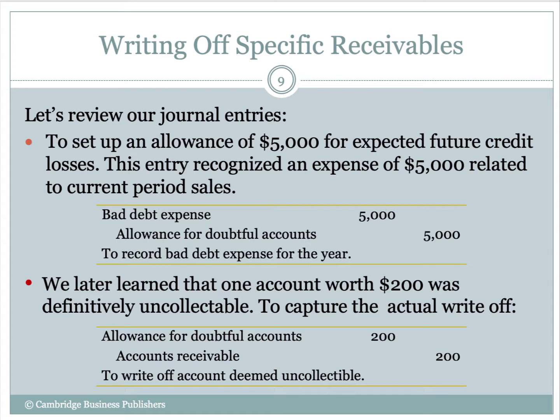We debit bad debt expense, credit allowance for doubtful accounts. Later on, we deemed an account uncollectible, $200, there's no way we're going to collect it. So we need to record the actual write-off. This is how we clean up our accounts receivable: debit allowance for doubtful accounts, credit accounts receivable.